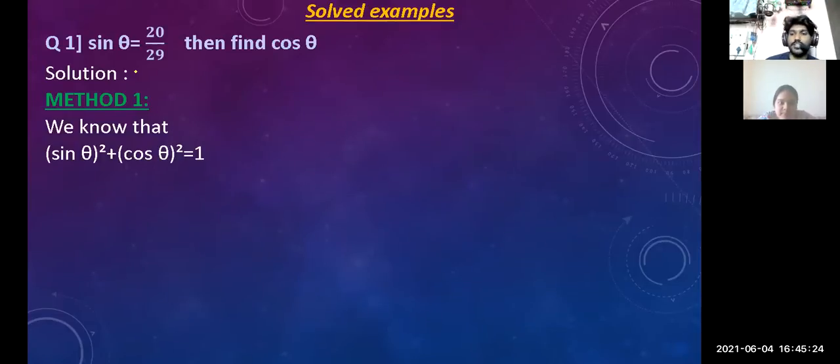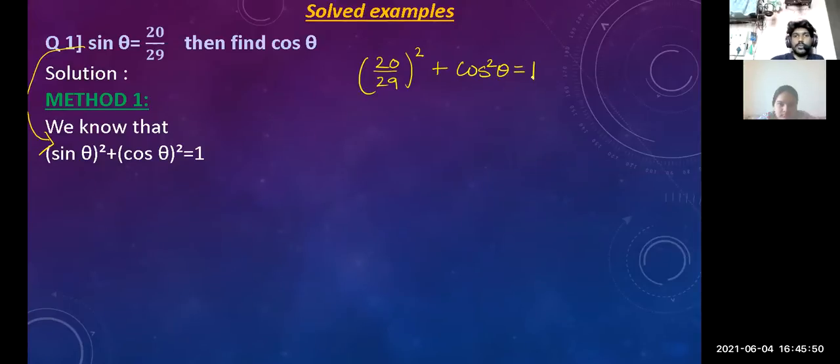Now what we'll do here is substitute the value of sine theta here. So this would become 20 upon 29, the whole square, plus cos square theta is equal to 1.